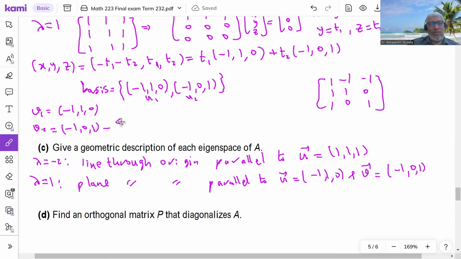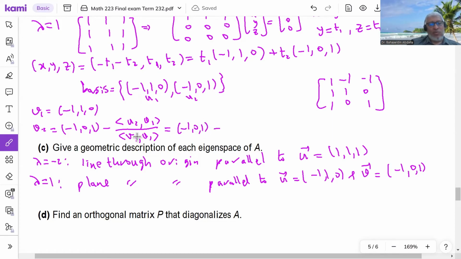So it's the inner product of U2 and V1 over the inner product of V1 and V1. This is V2. Please check the Gram-Schmidt process if you don't recognize these computations.